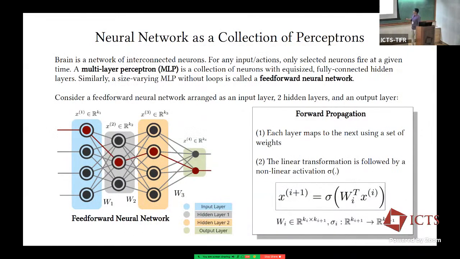Now, a neural network in general is a collection of many of these perceptrons, because we don't have a single neuron, but a perceptron models a neuron. So when you put together many of these perceptrons, you get something like this. You can arrange them however you want, essentially making a graph of these perceptrons, looping or non-looping, but you can arrange them in a fashion like this, where this is your first layer, your input layer.